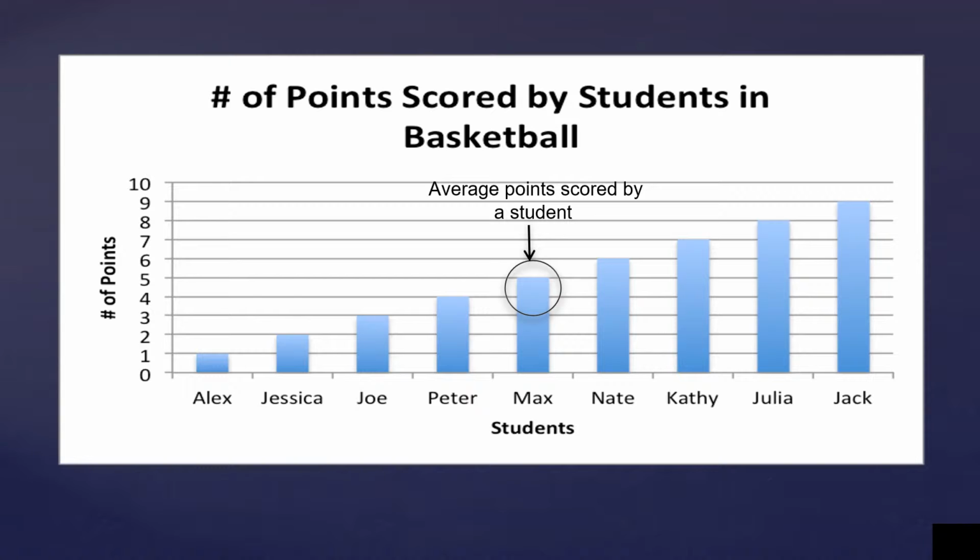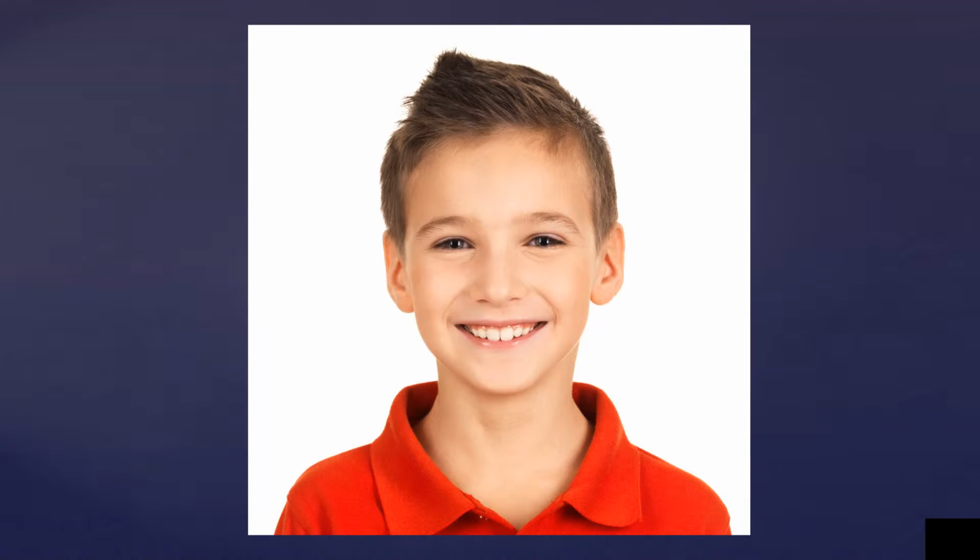Who can tell me who got exactly 5 points? Yes, Simon? Max got 5 points. Good job, Simon. Since Max got exactly 5 points, his shooting accuracy can be considered average.